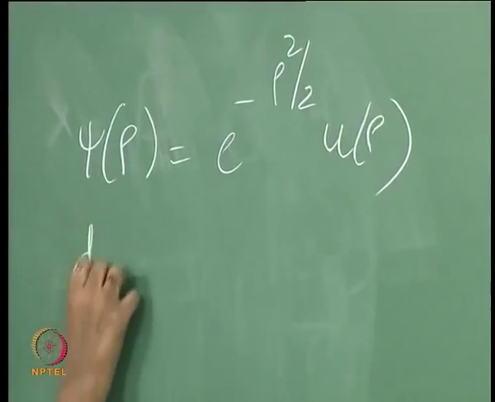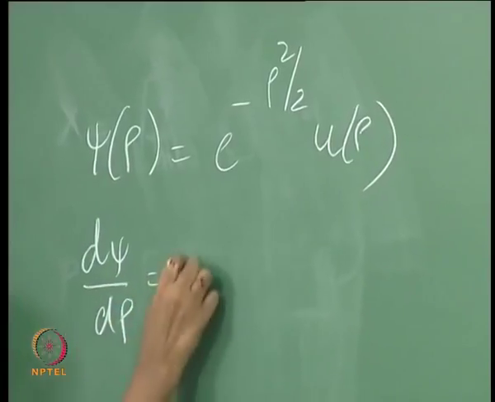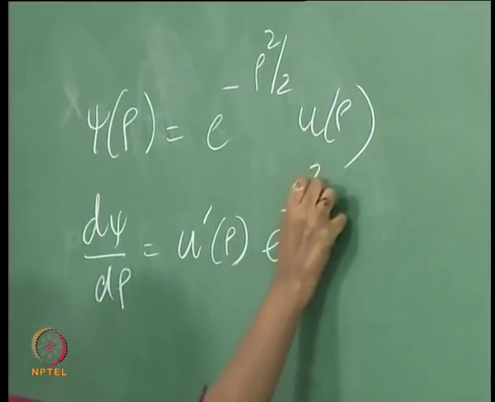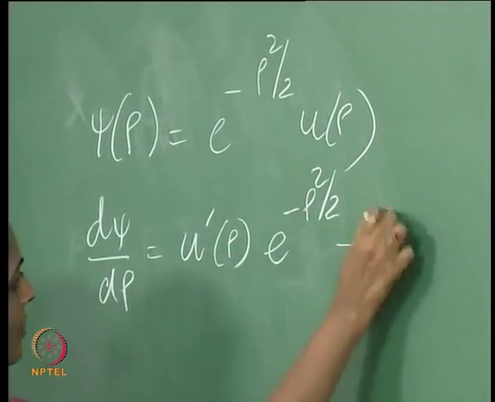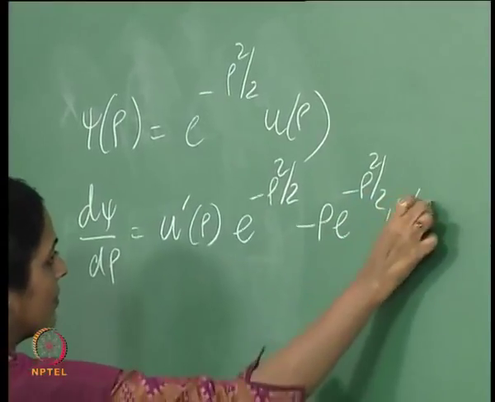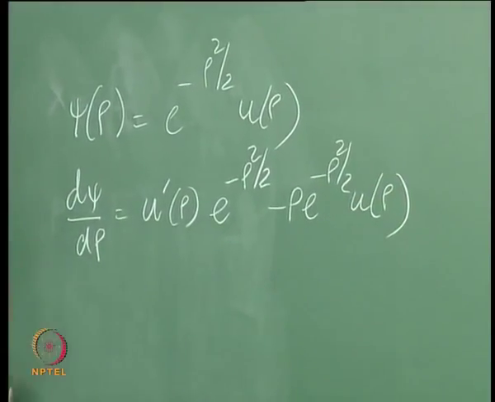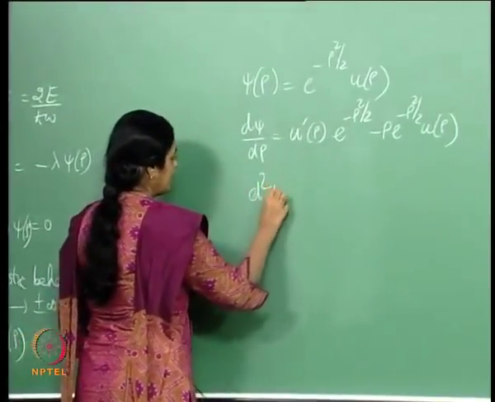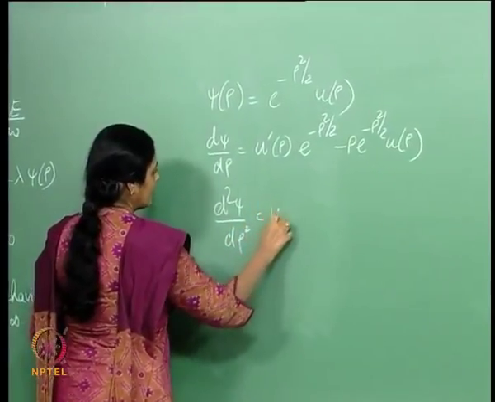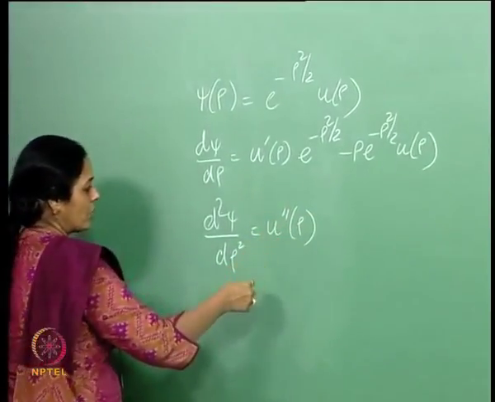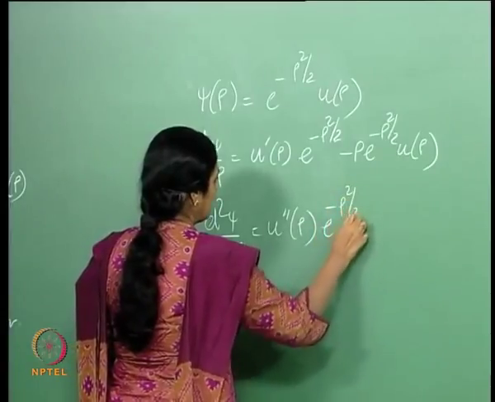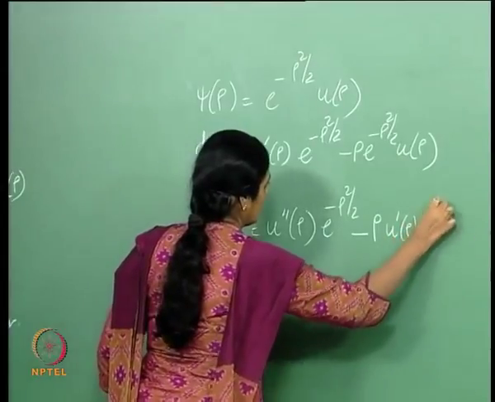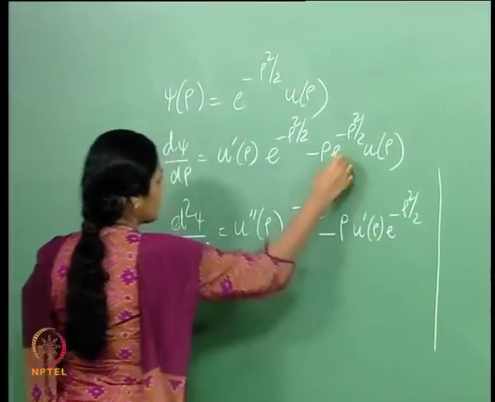So that means d psi by d rho is u prime of rho, first derivative of u with respect to rho, that is psi prime. But I need psi double prime of rho, that is a u double prime of rho. I am now going to have a second order equation in u, that is what I have from the first term.